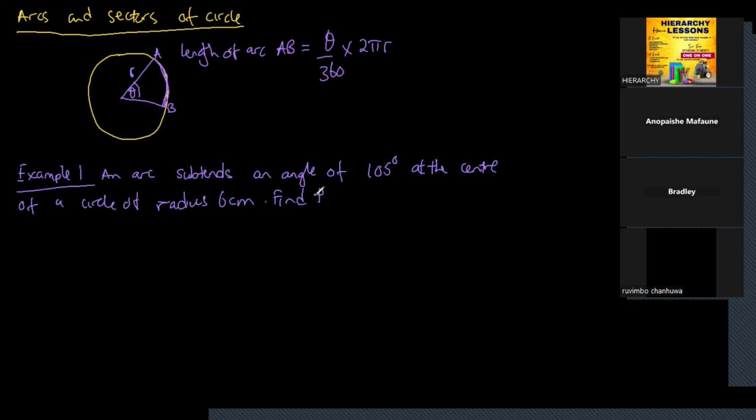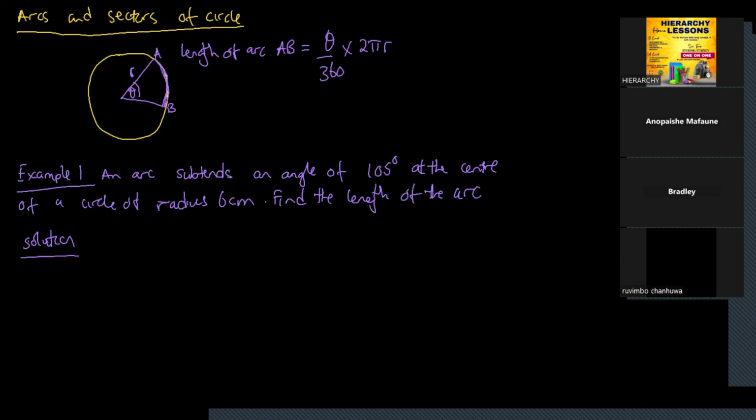Find the length of the arc. So we want to find the length of the arc that subtends an angle of 105 at the center of a circle of radius 6 centimeters.